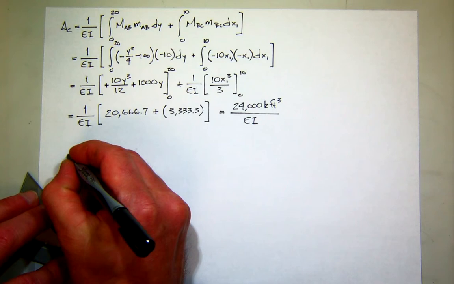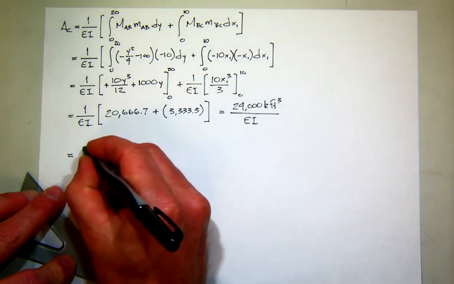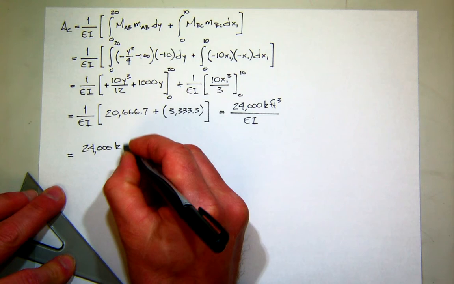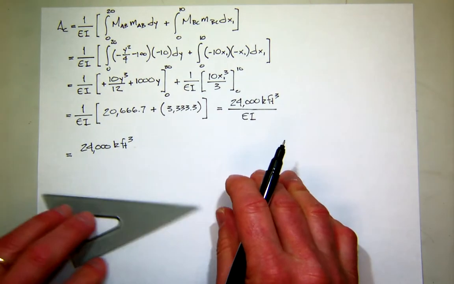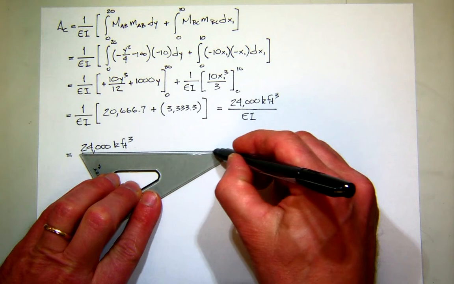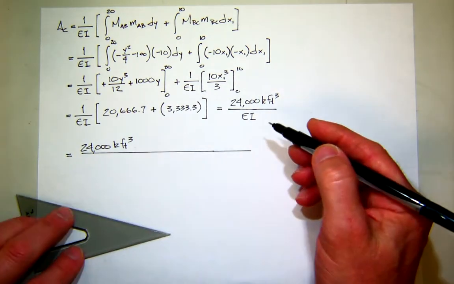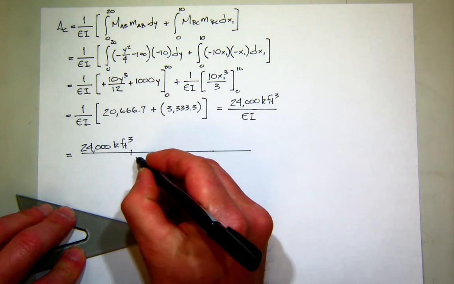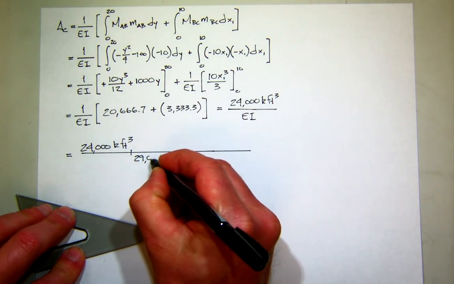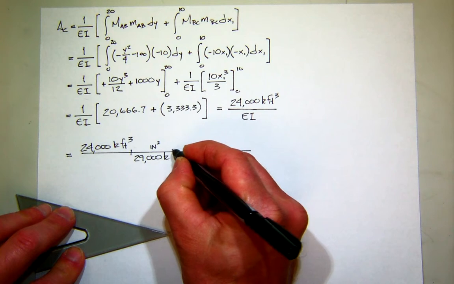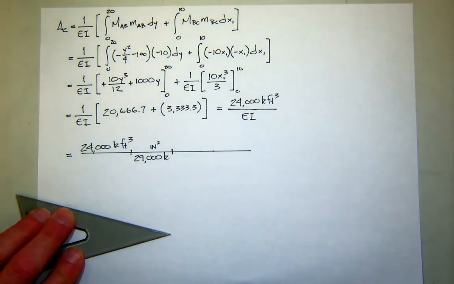So let's go ahead and do the numerical value. So I have 24,000 kip feet cubed. And I need to divide by E and I and do the conversion. If you look back on the previous problem, our E value was 29,000 kips per inch squared. That's steel. The given I value was 1,000.